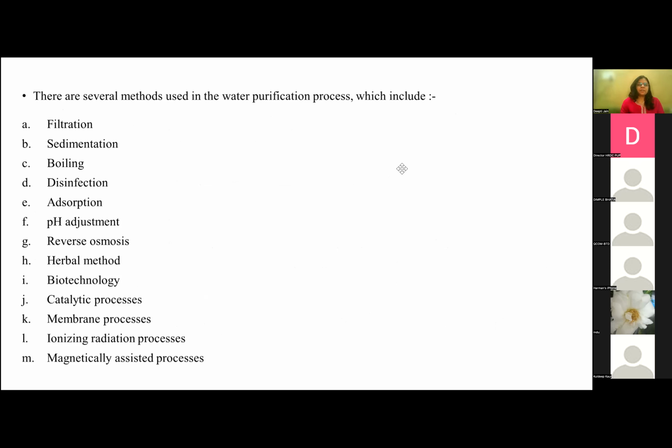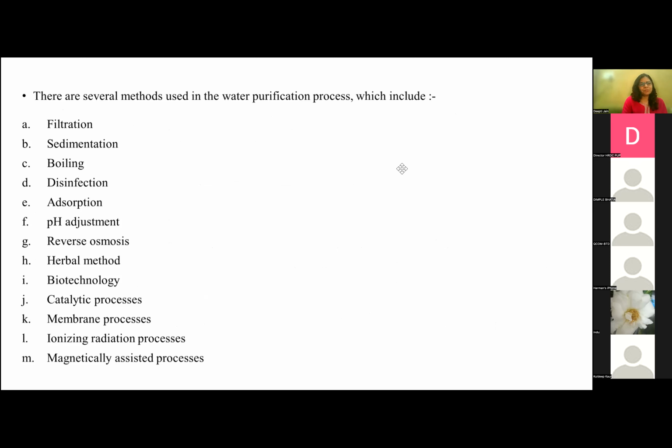There are several methods by which we can purify water. The commonest method is filtration. I think being Jain, I am using this practice in our daily life, on a routine basis. It is a simple cloth by which we used to filter our water daily.